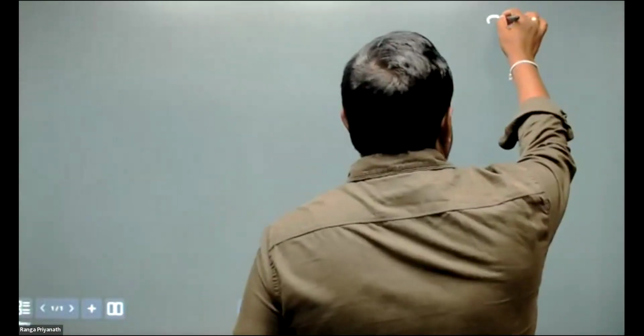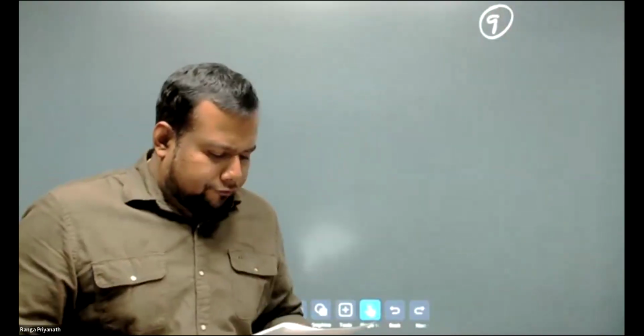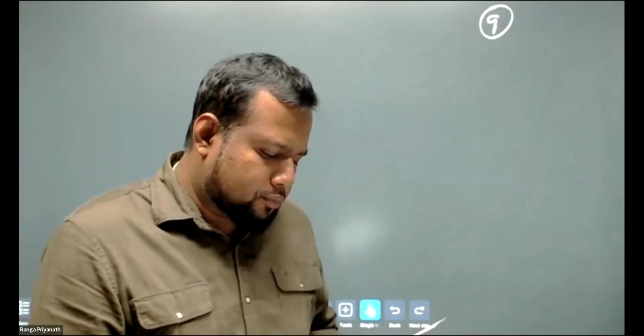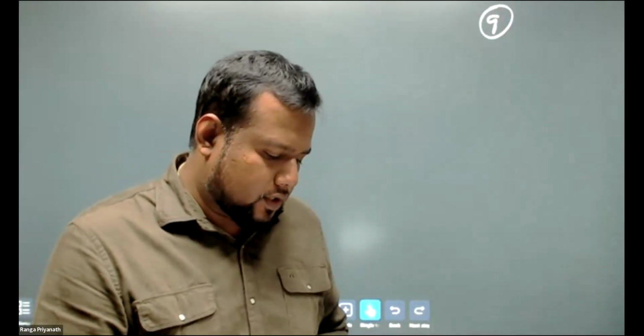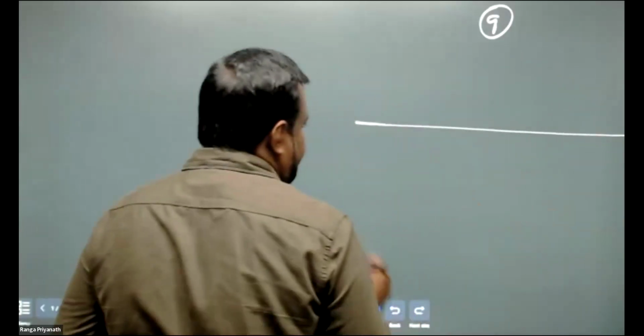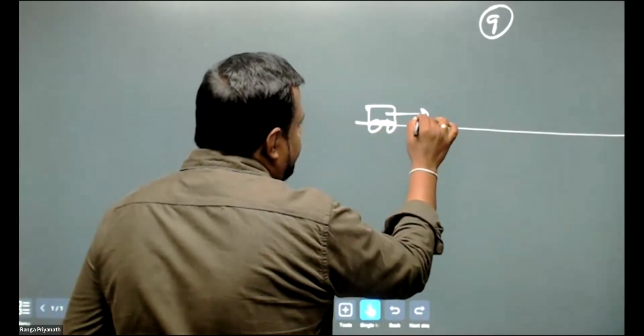Number 9. Which of the following is false about an object moving with a constant velocity? Constant velocity means it should move along a straight line with a constant direction and a constant magnitude.